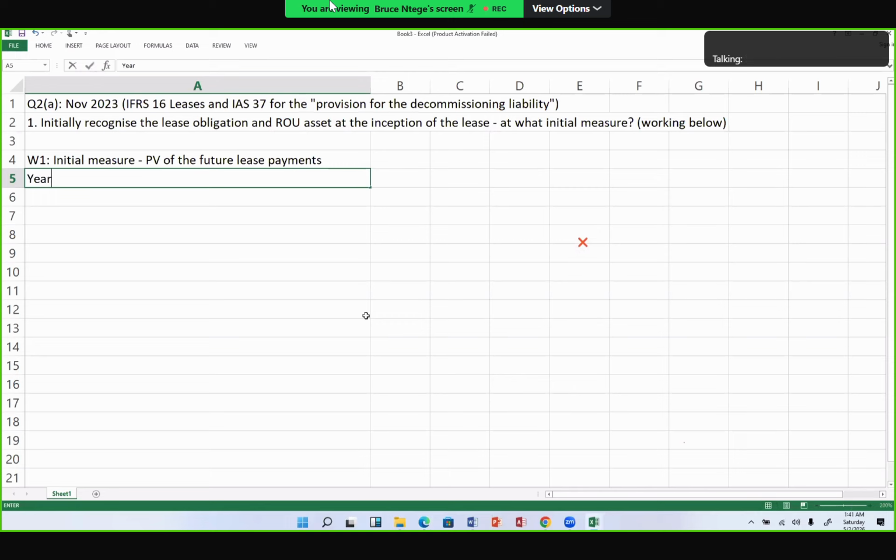It would have other details, but usually we are looking at the year. Then we are looking at the column for the cash flows, which is the rent that will be paid.